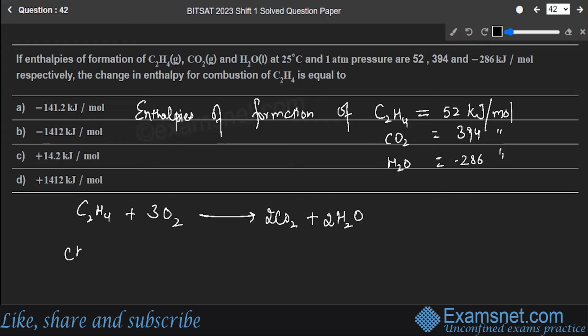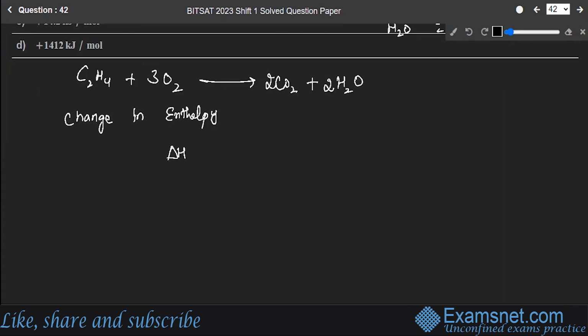So now the change in enthalpy is given by delta H equal to change in enthalpy of the products minus reactants. And for the products, it is equal to 2 into 394.